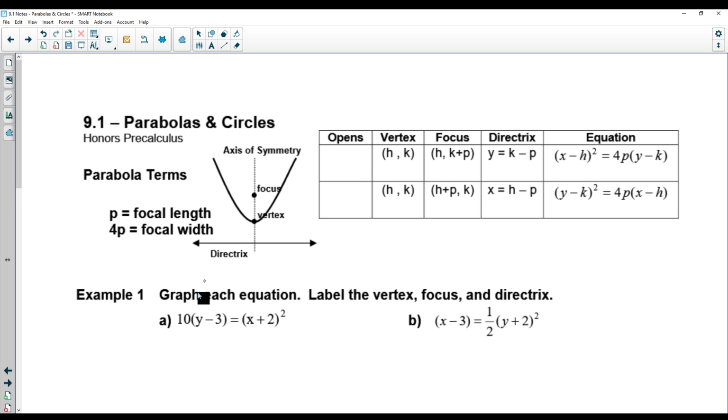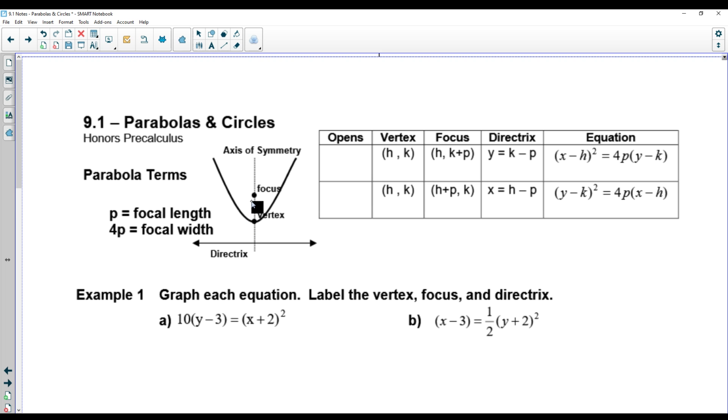But in this parabolic shape, you have a vertex, and it wraps around the focus. And you have a directrix that is equidistant from the vertex. You go a distance from the vertex, and the directrix is equidistant on the other side of the vertex.